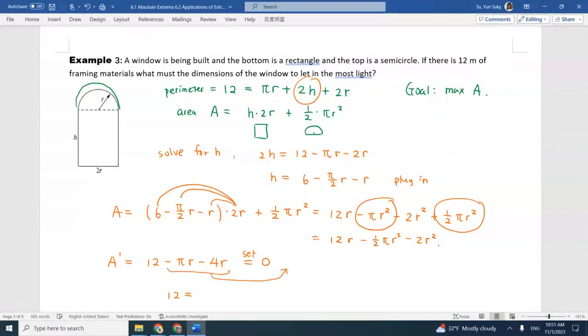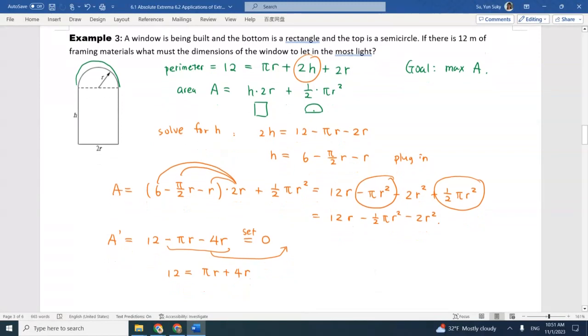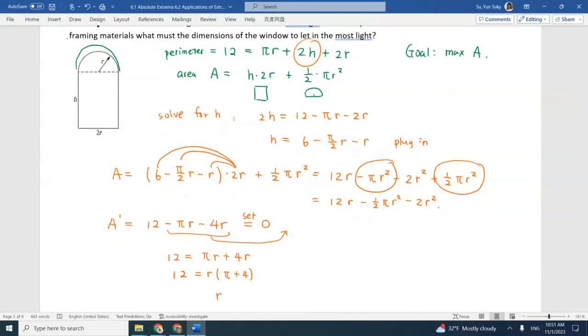We move them to the other side. It becomes what? Pi r plus 4r. So far, so good. And you can factor out the r. You get pi plus 4. And so what is r? Yes. Okay. Let's continue next class.